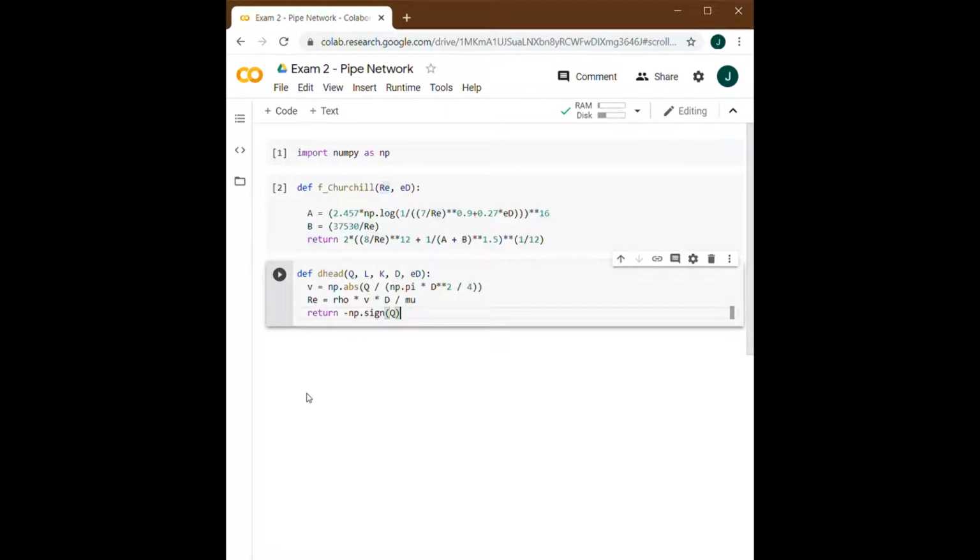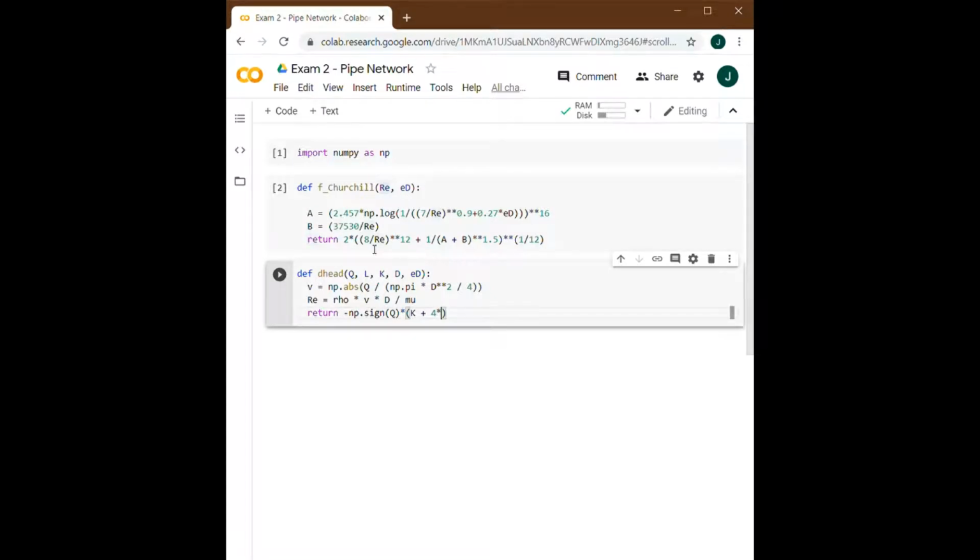Then we multiply this Q value times our K value, our constant, plus 4 times our friction term, which we defined up here with our Churchill function.